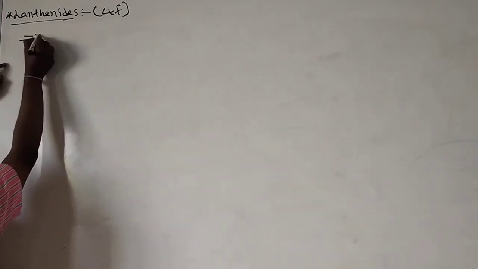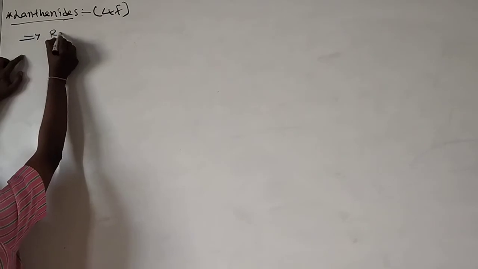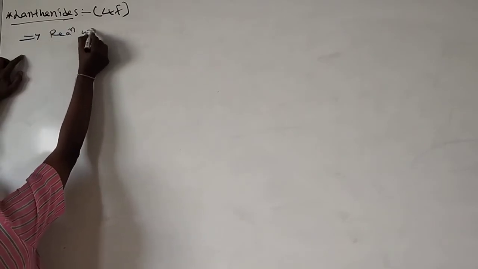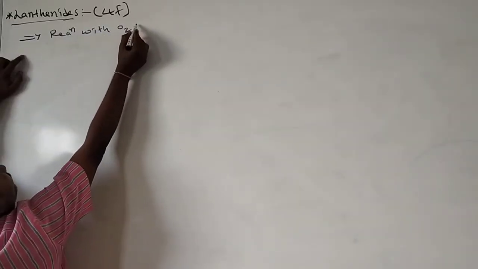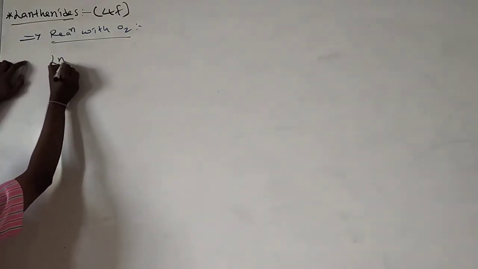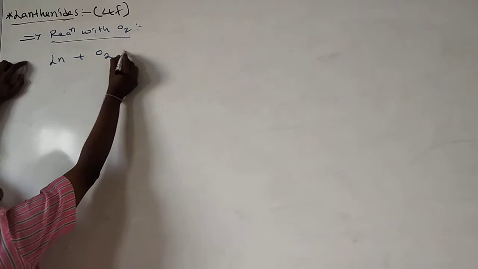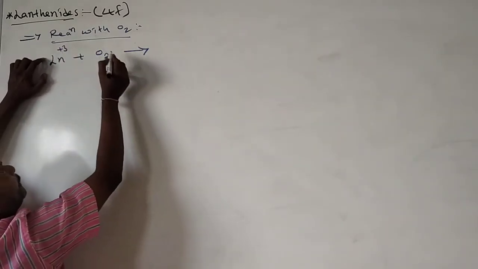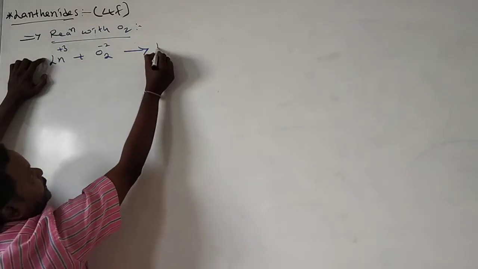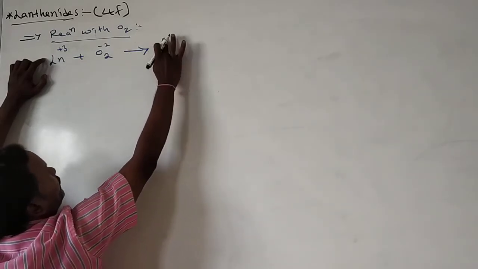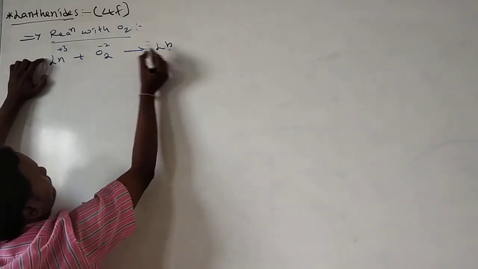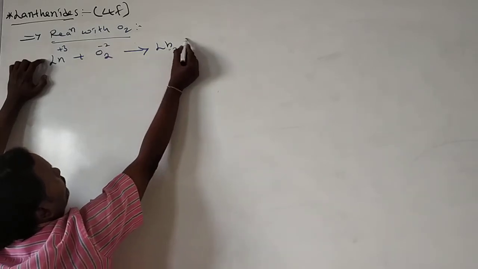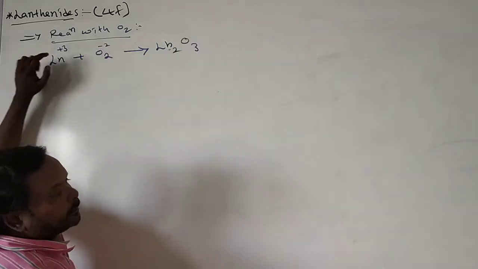See here, reaction with oxygen. First reaction, you take lanthanum, add oxygen. Here lanthanum is +3 and oxygen is -2, and it forms Ln2O3.